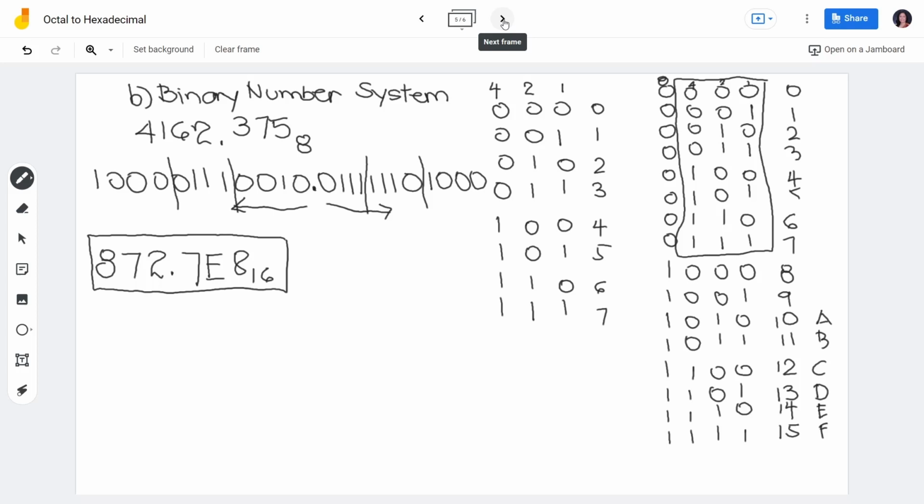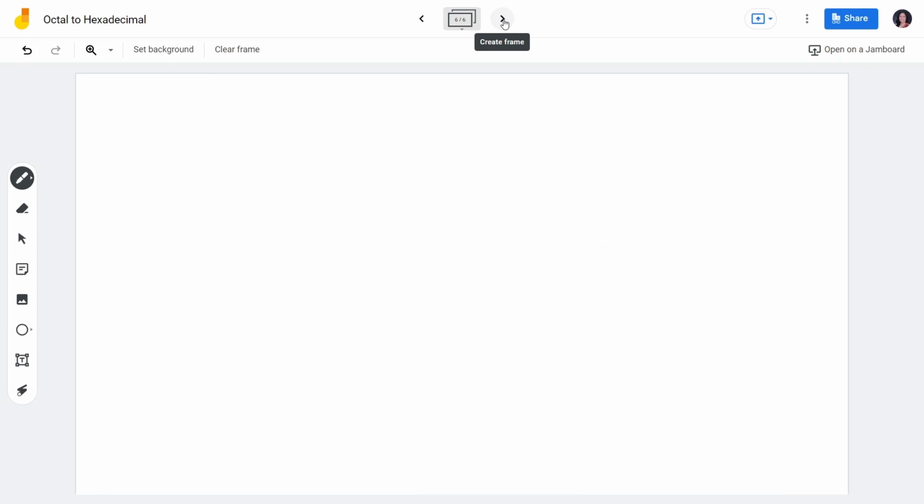For reinforcement of our learning, let's provide another example. Let's have an octal number again, and we're going to use the decimal number system as the middle conversion.